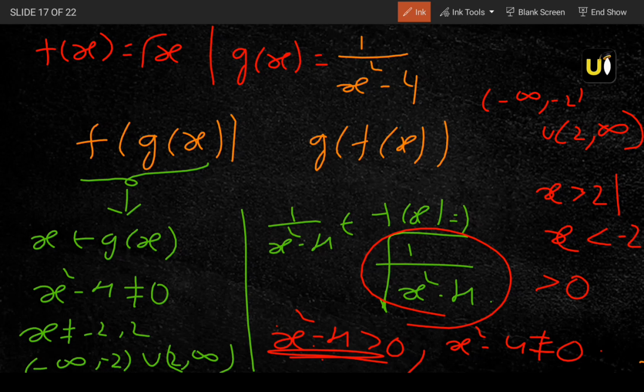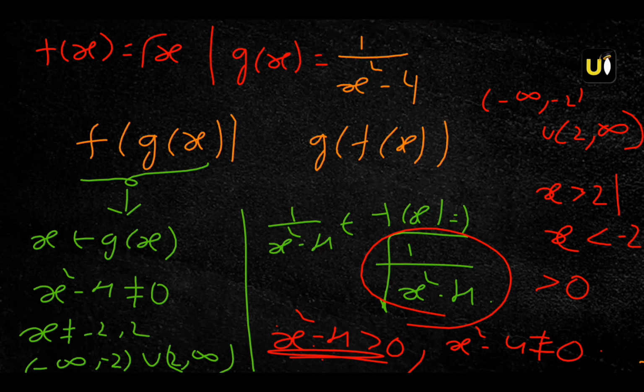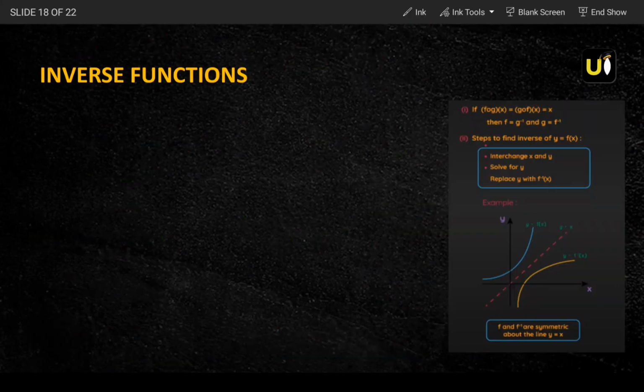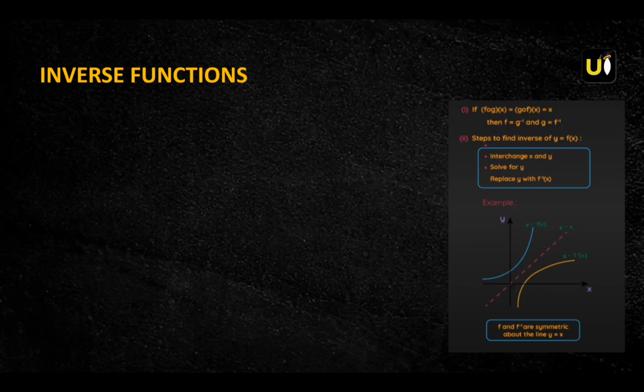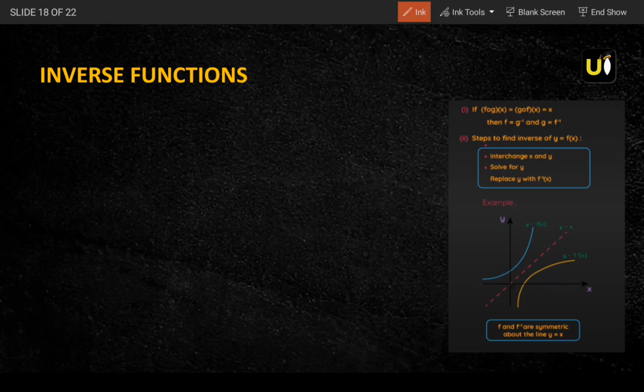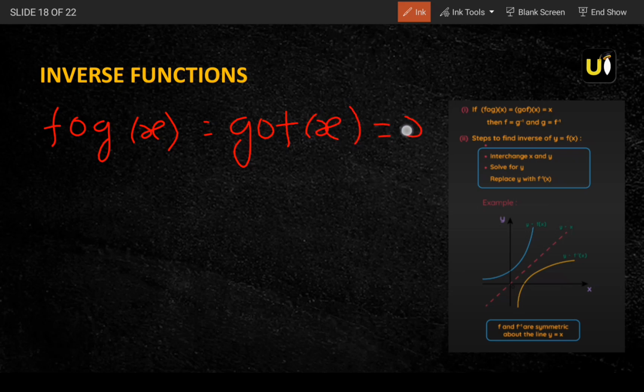Okay, now let's discuss inverse functions. What are inverse functions? See, previously we have discussed the composite functions. Okay, now if this condition is satisfied, f of g of x is equal to g of f of x is equal to x, then we can say f of x and g of x are inverse to each other.